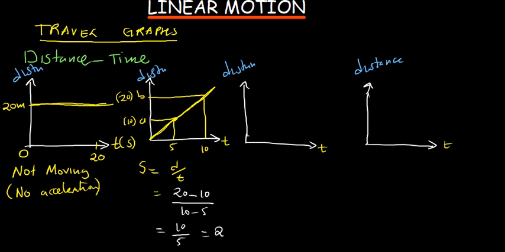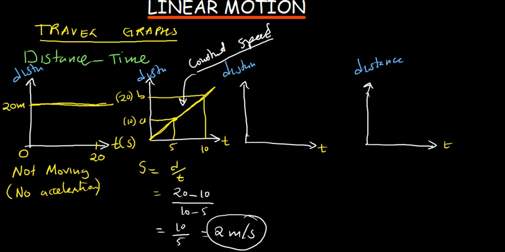The unit is going to be distances in meters. Time is in seconds. So it is going to be 2 meters per second. So this line represents constant speed or constant velocity. That is what the distance time graph represents if you have got a straight line like this.